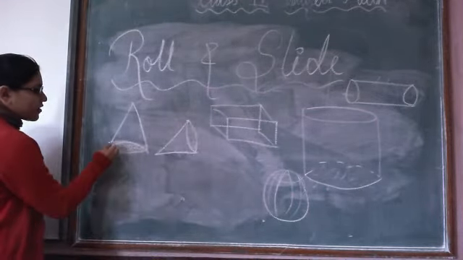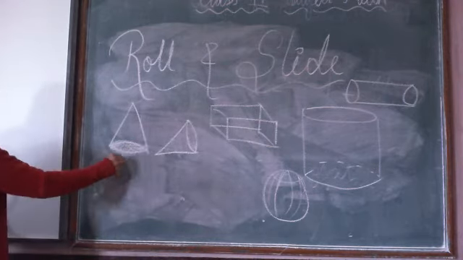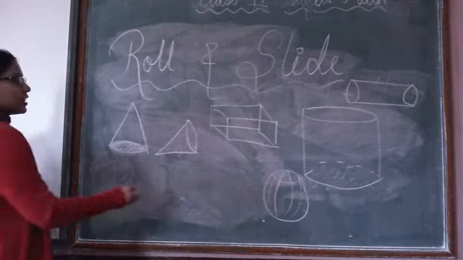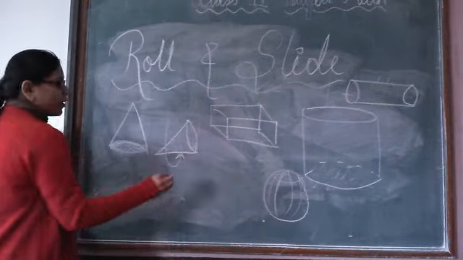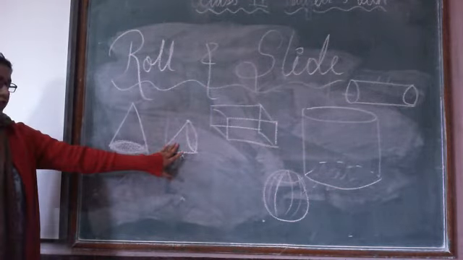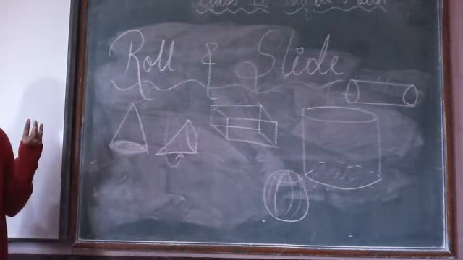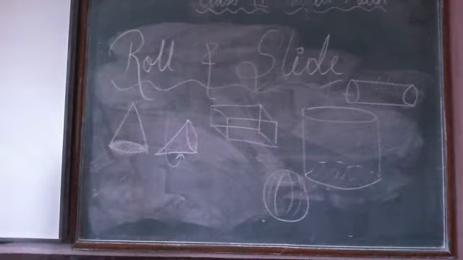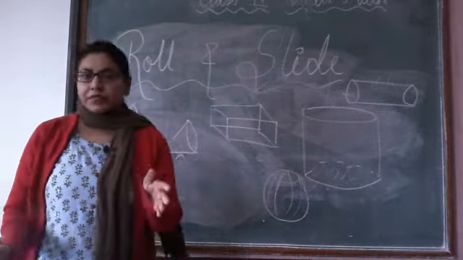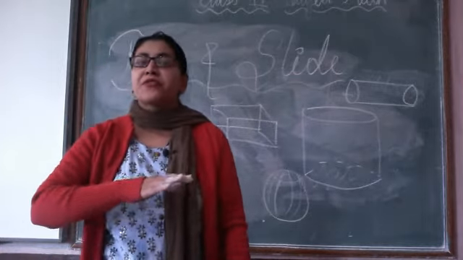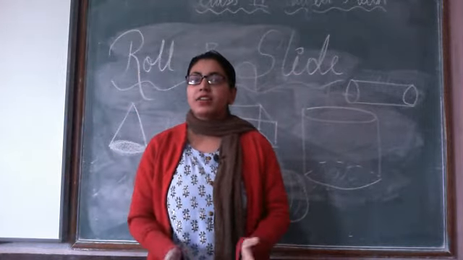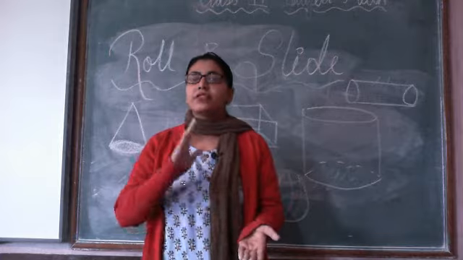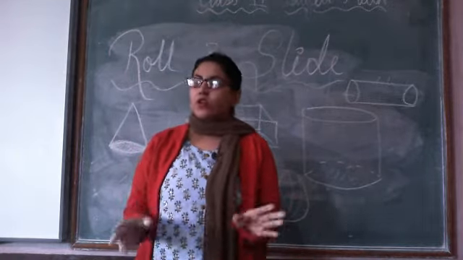In this position, the cone will slide, but in this position, the cone will roll because this is the curved surface and this is the flat surface. So I hope the concept of roll and slide is clear to you now, because it is very simple. If the surface is flat, then the object will slide, and if the surface is curved, the object will roll.